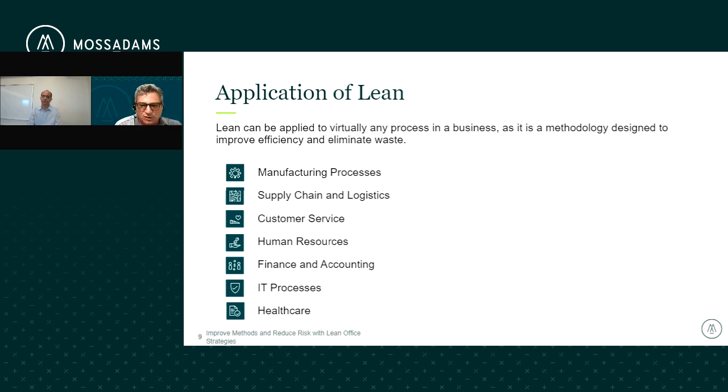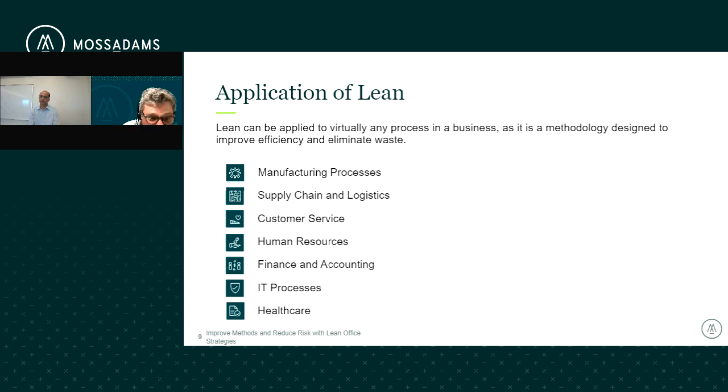You can improve customer service by reducing the time it takes to resolve customer complaints, improving the accuracy of order fulfillment, or enhancing the customer experience in a retail environment. It's also very effective in human resources. Recruitment, onboarding, and employee training can all be optimized using Lean Six Sigma. This could reduce the time it takes to fill vacancies, improve the effectiveness of your training programs, or streamline your onboarding process.